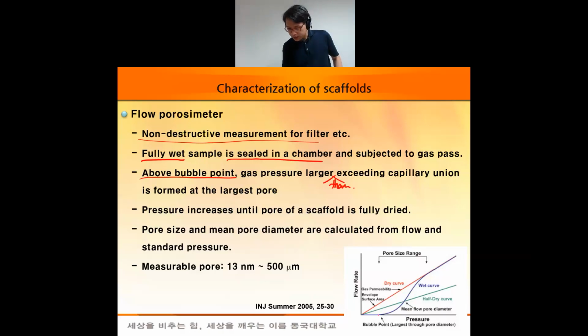It's like that. It's pressure and flow rate. In the dry state, pressure is proportional to the flow rate. When we apply high pressure, the gas gets through the pore, and the pressure and flow rate are proportional.